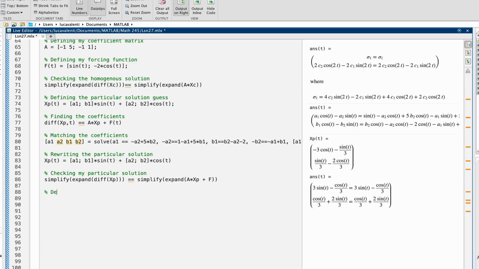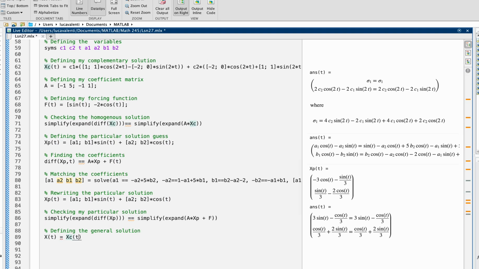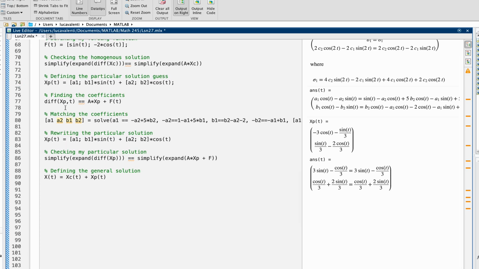So I'm going to define the general solution, and that's going to be x of t, and it's going to be the sum of xc of t plus xp of t. And since both of these worked alone, we don't need to check them together.